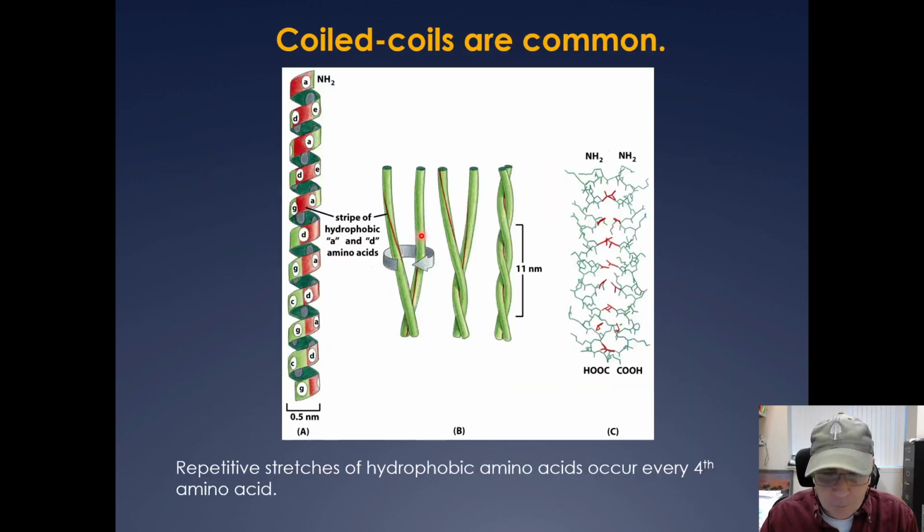Okay, so proteins also assume more of a tertiary structure. And this is when two proteins can come together, or you can get instances in a single protein where, depending on how the amino acid sequence occurs in the protein, you can form repetitive stretches.